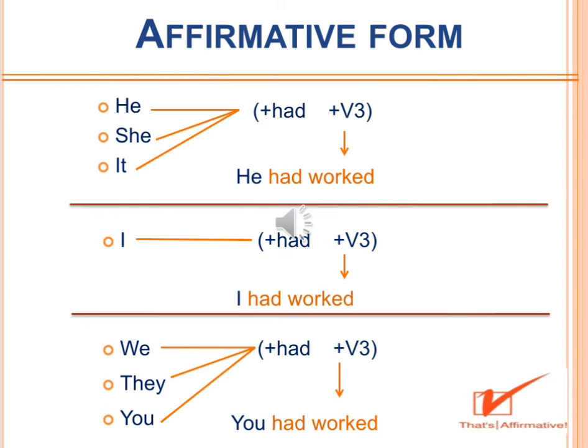Example: he had worked. I plus had plus verb 3. Example: I had worked. We, they, and you, plus had plus verb 3. Example: you had worked.